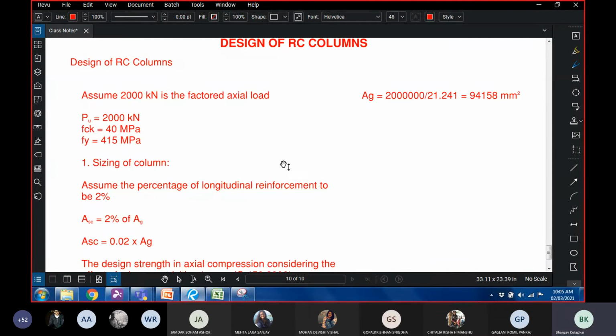So now I've got the area of column, but I don't know the dimensions yet. So what can I do to get the dimensions of the column? A simple thing that I can do is I can assume the column to be square, which means that the dimension B square is equal to AG.